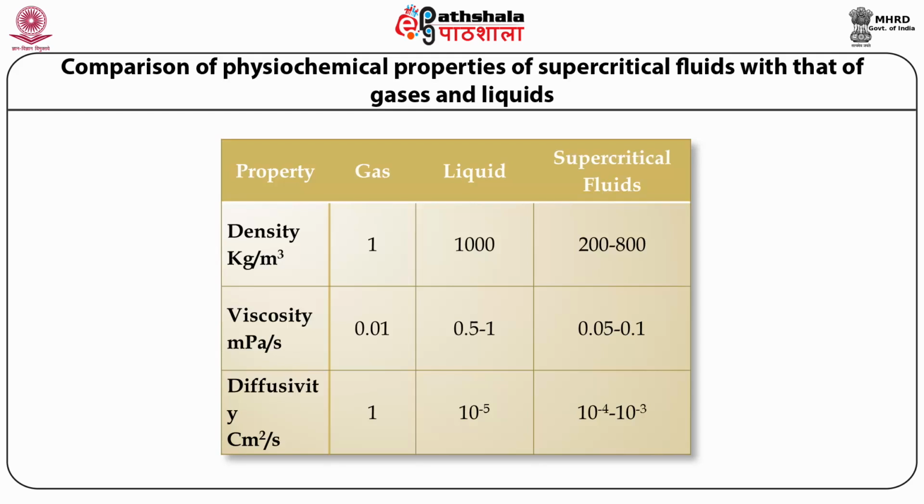The diffusivity of a supercritical fluid can be 100 times more than that of a liquid, but 1000 to 10,000 times less than a gas. The viscosity of a supercritical fluid is similar to gas and 10 times less than liquid. Thus, supercritical fluids show lower resistance to mass transfer of the components that are flowing through them.